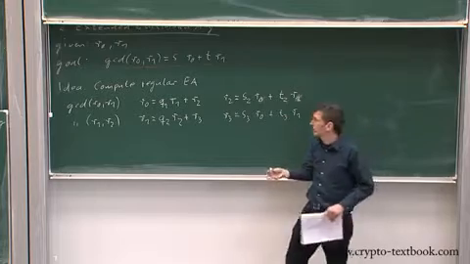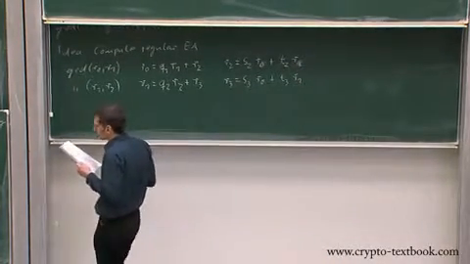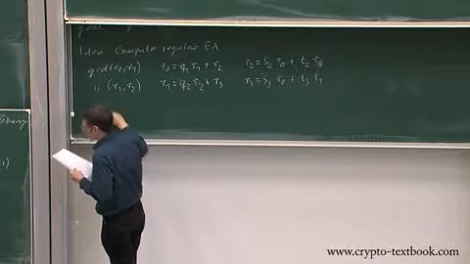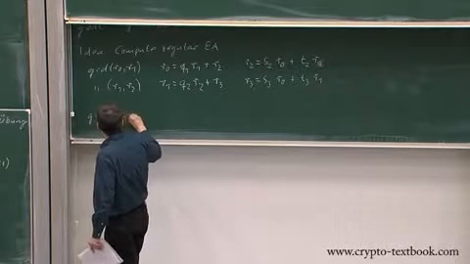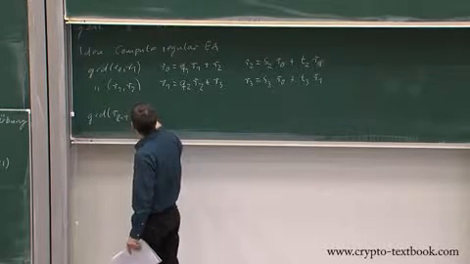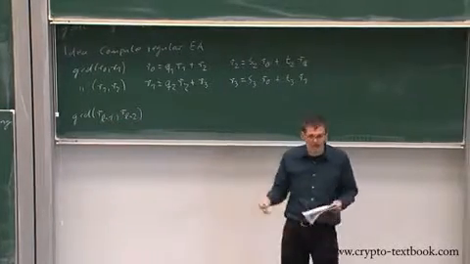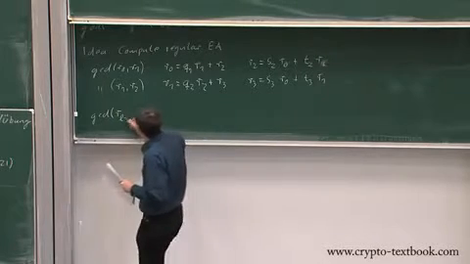But why is this a good idea? What happens at the end of the algorithm? At the end of the algorithm, the last iteration, and I call them L for last, we have RL minus 1, RL minus 2. It's actually the other way around, I'm sorry.